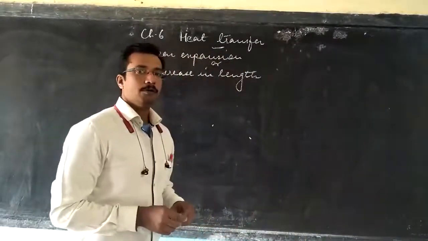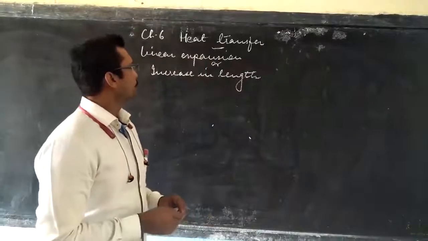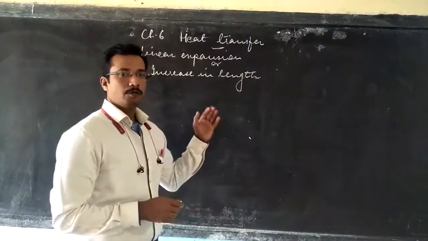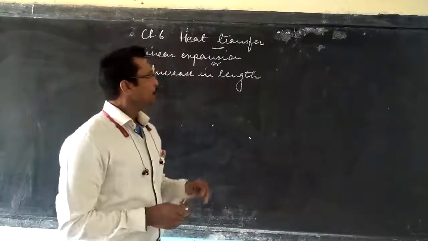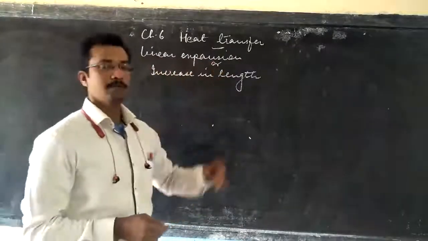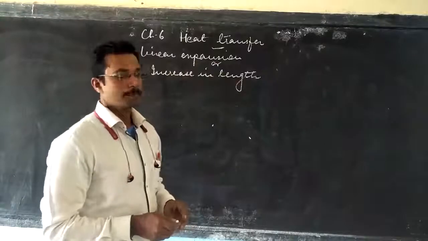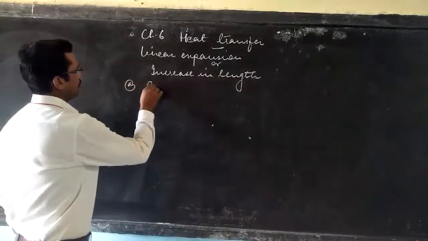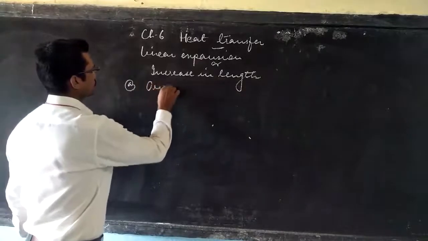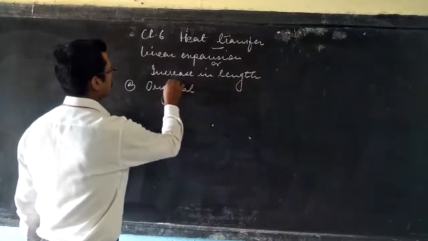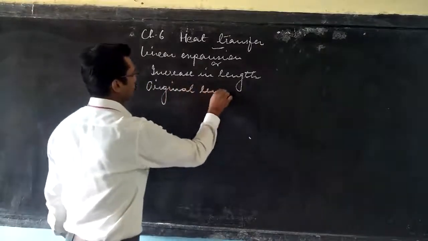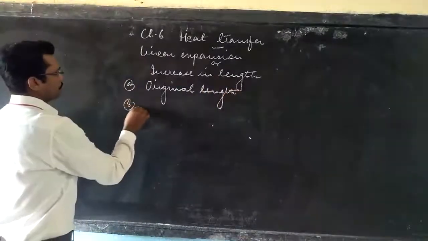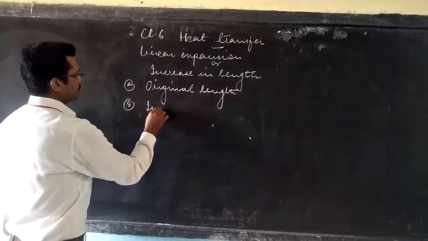Let us see about linear expansion. In the last class we discussed the factors on which the linear expansion, which is also called increase in length of a rod, depends. So it was original length and increase in temperature.